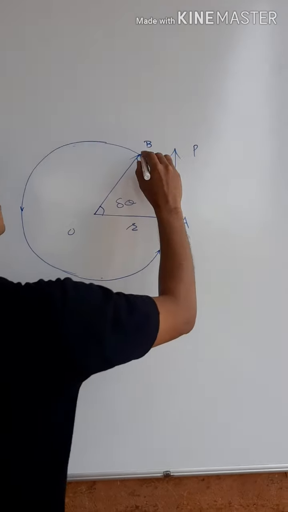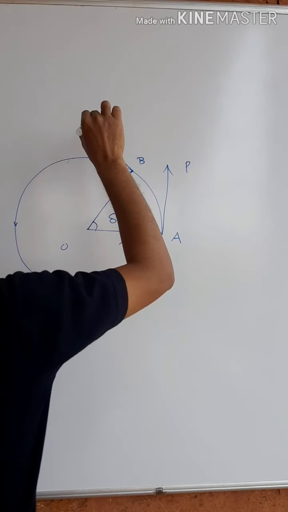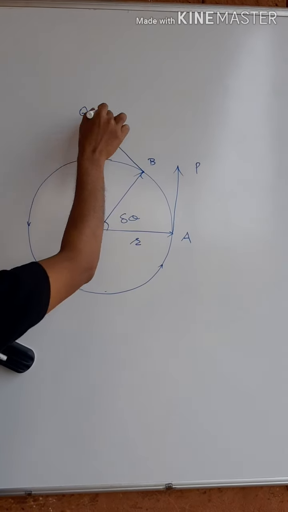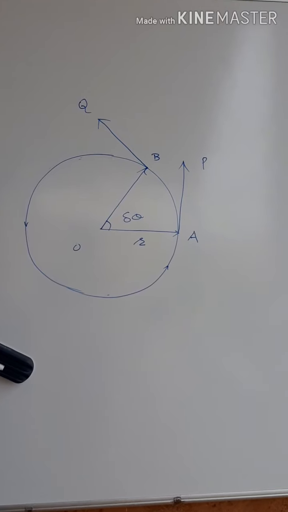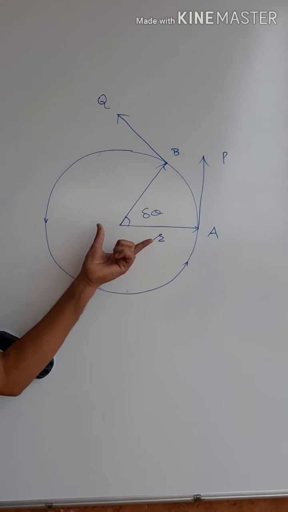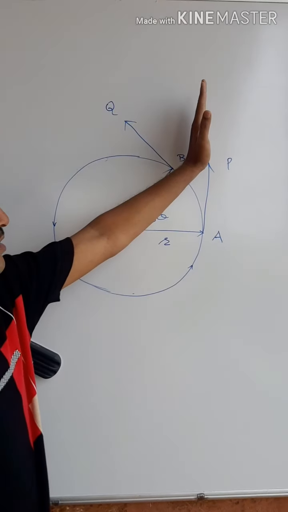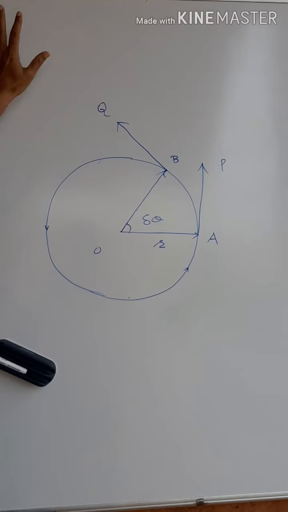And when the particle is at point B, the linear velocity at point B is represented by the vector BQ bar. This diagram shows that when the particle is at point A, the linear velocity is along AP. When it is at point B, it is along BQ.